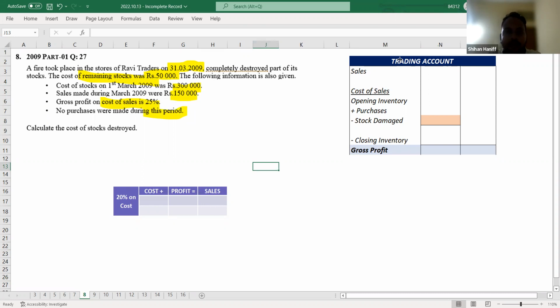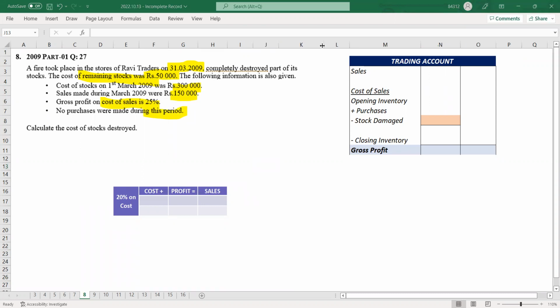So let's find the answer. According to the information given, we can fill in the details. Sales 150,000. Cost of the stock on 1st of March 300,000. That's the opening balance. There are no purchases made during the year.